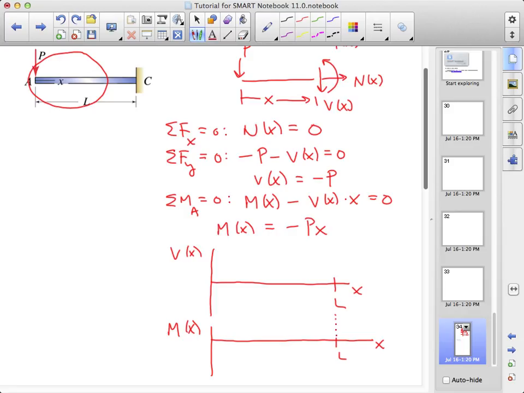In the case of V of x, we have that it's just a constant equal to minus P. And in the case of M of x, we have the equation for just a straight line, which starts at 0 at x equals 0 and reaches a peak value of minus PL at the end.